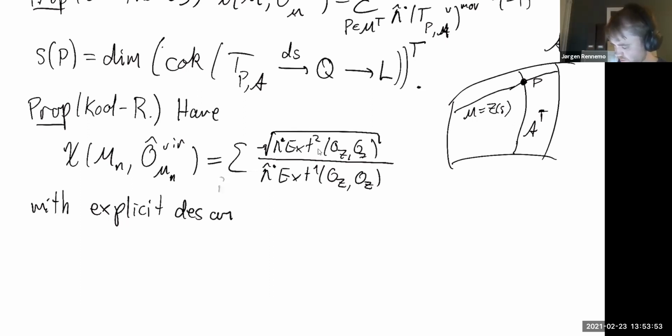So we can compute this as a sum over fixed points, and there's an explicit description of the choice of square root at each point.